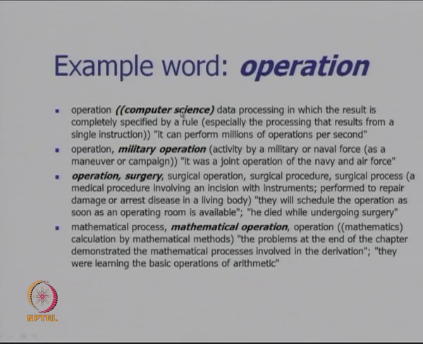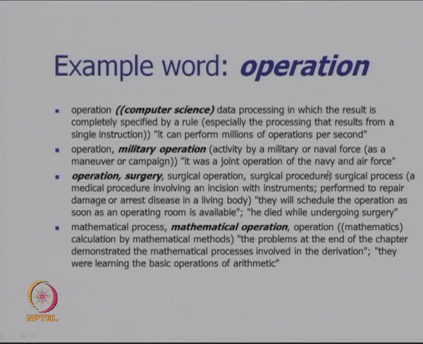Four senses of this word are shown here. The first sense is in the computer science domain, and it refers to data processing in which the result is completely specified by a rule. So, the computer can perform millions of operations per second. Then the next sense of operation is in the sense of military operation. This is activity by a military or naval force as a maneuver or campaign.